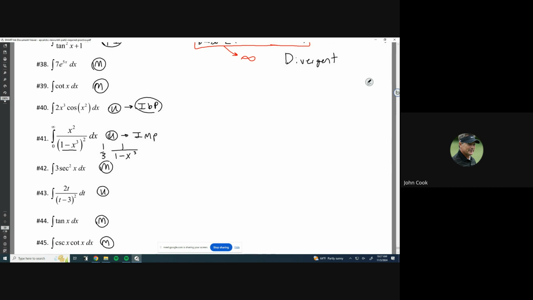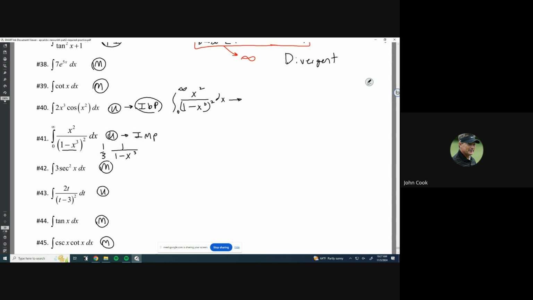So here's how you can do it. We write up 0 to infinity, x squared over 1 minus x to the third quantity squared dx. And then we could split it apart now. I'd probably put an arrow there just because I don't like saying equals unless I branch right into the limits.